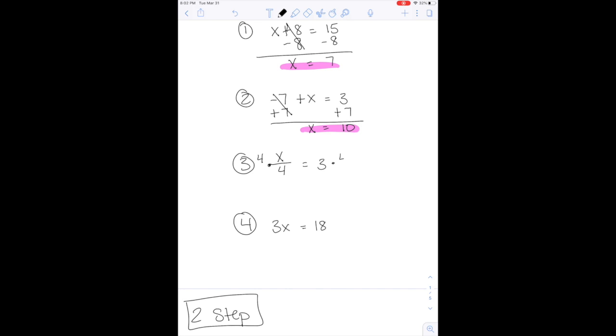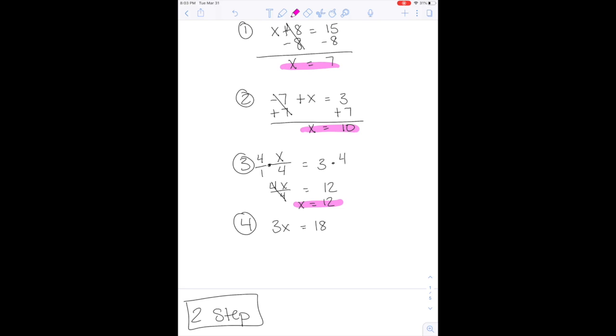And I want you to remember that multiplying by 4 is like multiplying by 4 over 1. Okay, so these 4's cancel out, and the reason for that is because we get 4x over 4 equals 12, and 4 divided by 4 is 1, so that just leaves us with x equals 12.